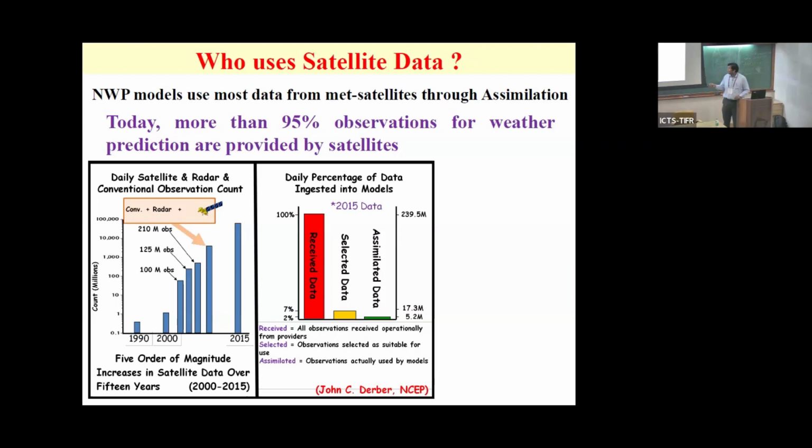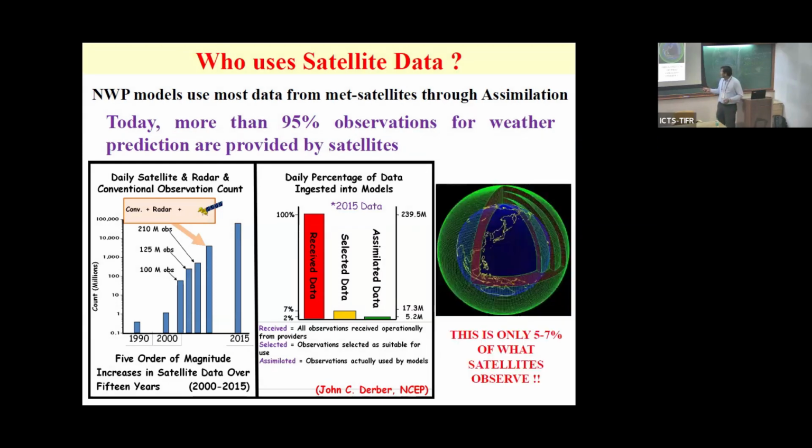Means out of 100%, only 7% data is useful or selected for the data assimilation application in the real world problems. And within that 7%, only a few percent are finally assimilated in the weather model. And even that, this few percent is just 95% contribution from the satellite. So now you can understand that most of the data we are not able to use in the applications.